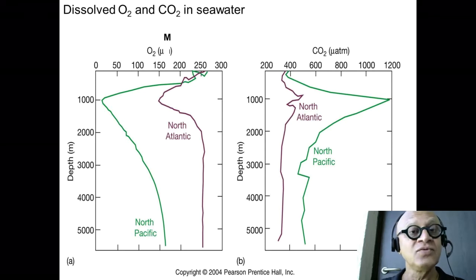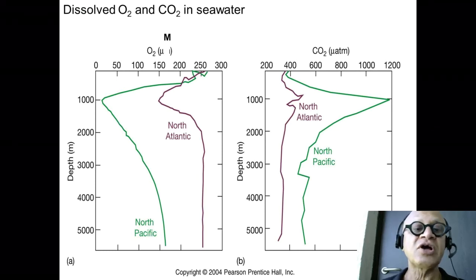Phytoplankton, which are photosynthesizers, the primary producers which supply the food chain in the ocean, are producing oxygen near the surface where there is enough light for photosynthesis. Okay, so this is why the oxygen concentration is higher near the surface.